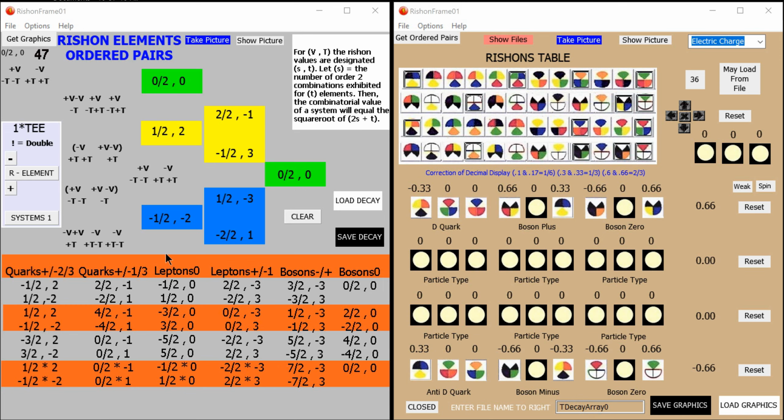Now, in addition to the generic D quark, we will have a scalar boson minus. This scalar boson minus and the scalar boson plus respectively transform the generic D and anti-D into the T quark.